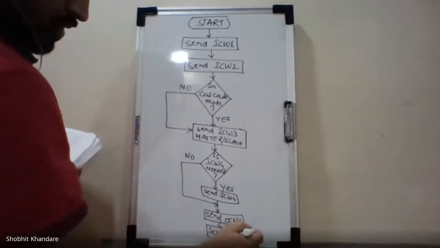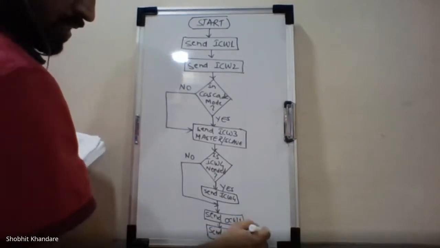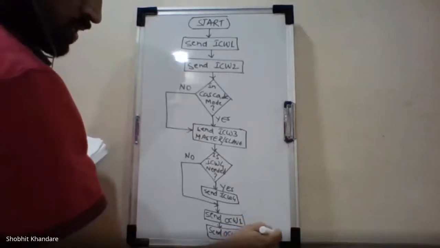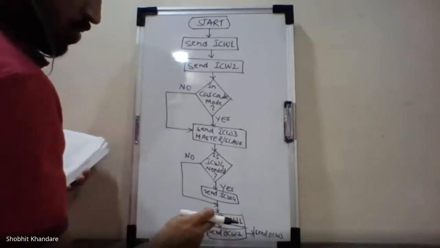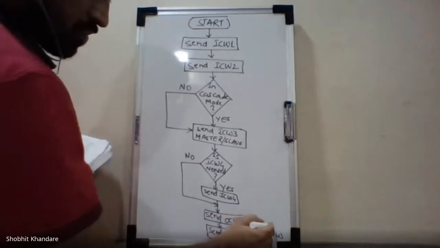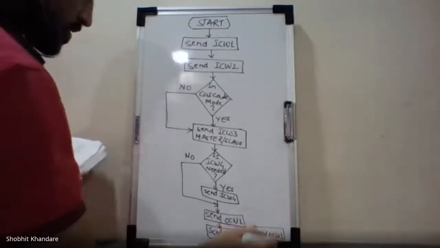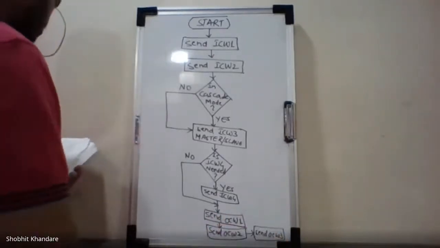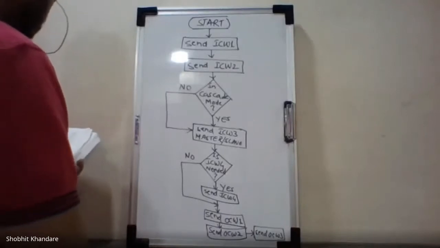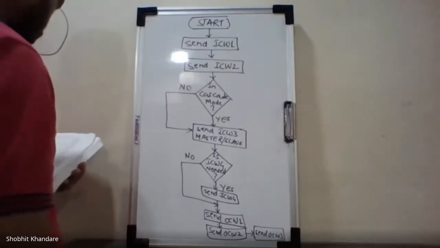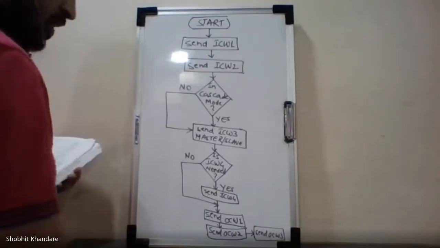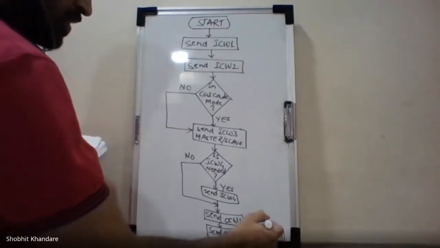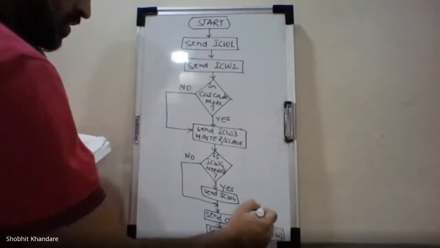I am writing down here. Again send OCW3. OCW1, OCW2, and OCW3. And after that, return.